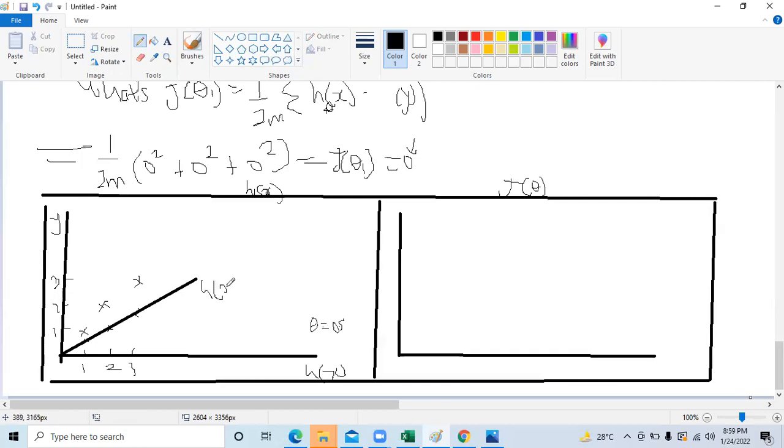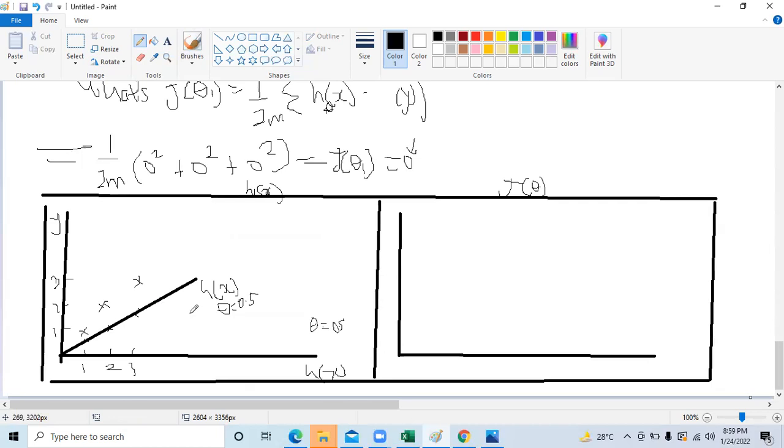This is our predicted variable where theta equals 0.5. But this would have been our normal line, right?